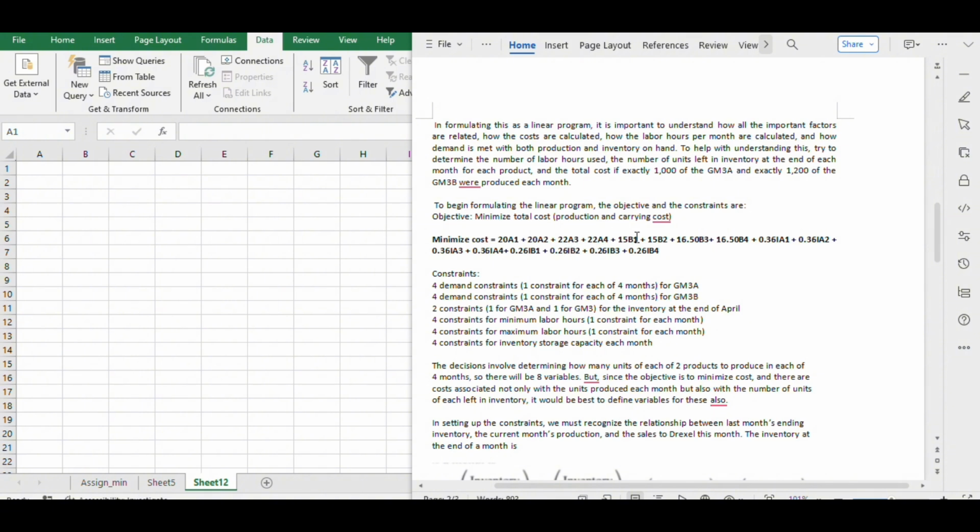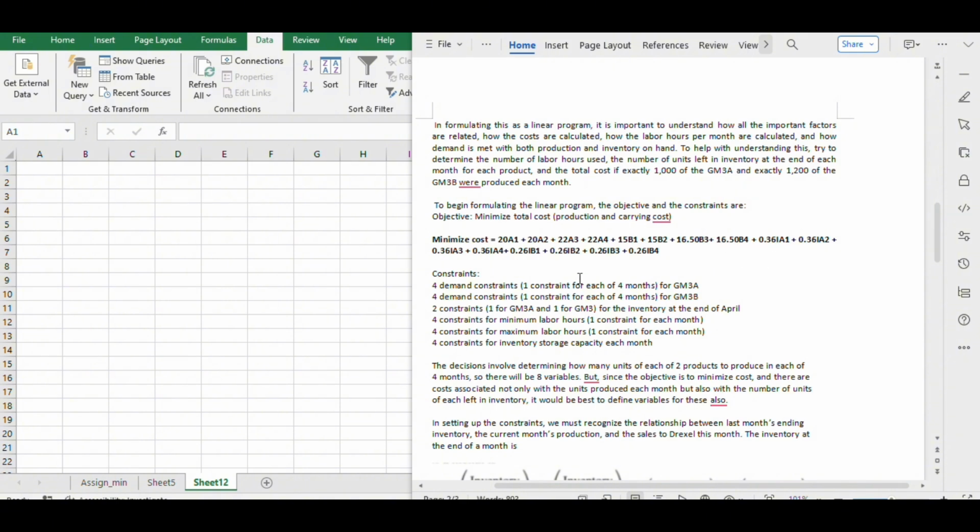For the GM3B, we will have $15, 15 also for February, and then we add 15 times 10%, which is 16.5 for the month of March, and 16.5 also for April.